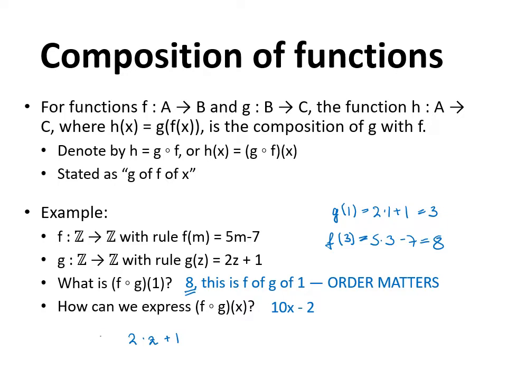So we have 5 times that minus 7, and that is then equal to 10z plus 5 minus 7, and that's equal to 10z minus 2. So f circle g of x is equal to then 10x minus 2. Okay, so that's composition of functions.